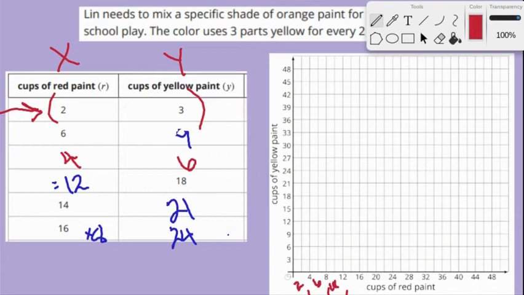Okay, so if I'm looking for the point 2, 3, that means that I go to the very first one on the x value and up to 3, and I'm going to put a dot right there. That's my point 2, 3. My next ordered pair is the point 6, 9. So I'm going to find 6 on my x-axis, and again, that's kind of between that 4 and 8. 6 on my x-axis up to 9.